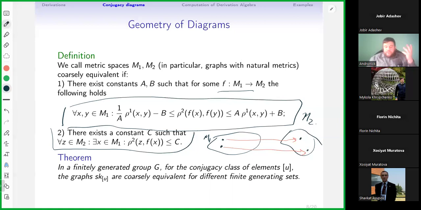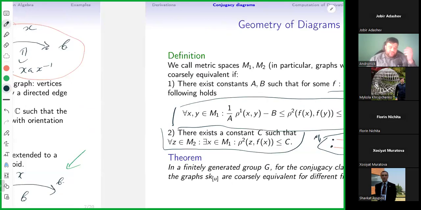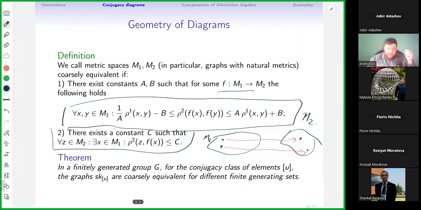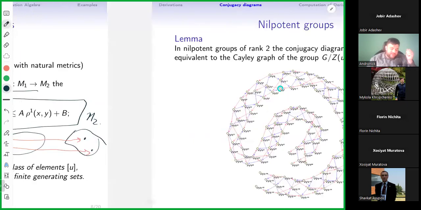And my idea is that all such conjugacy diagrams, or diagrams of other types of action, are coarsely equivalent. They are not isometric to each other, but they are coarsely equivalent. And here are some nice pictures.